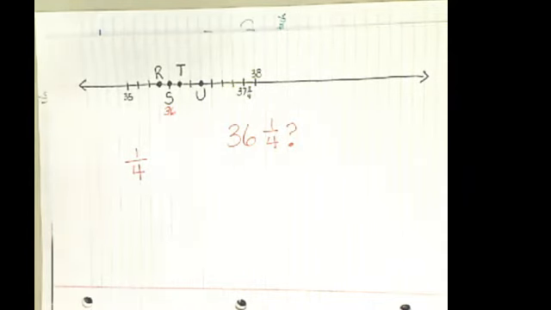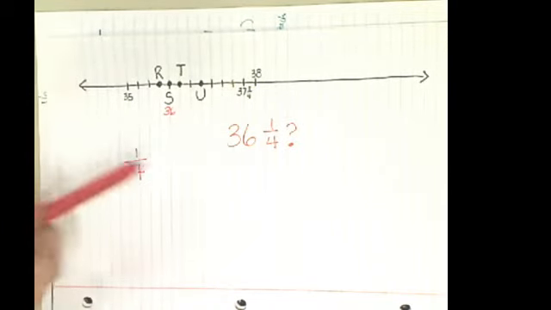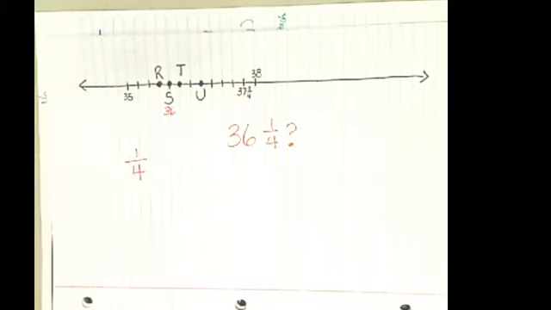It's asking for 36 and 1/4. So what is 1/4 more than 36? It's this point right here, T. So the answer to that question is T, because T is the one that represents 36 and 1/4.